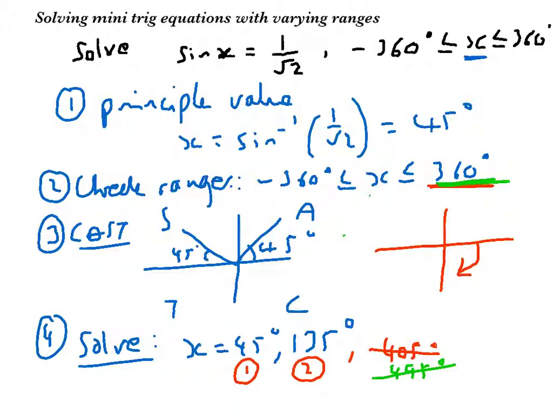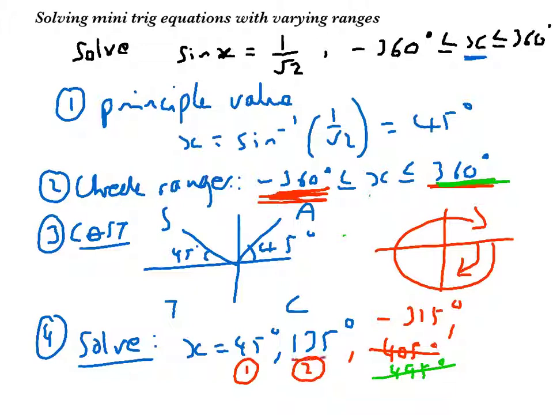So I could take my first solution and minus 360 from it. That would give me minus 315 degrees, which falls in my range. If I did it again, minus 315 minus 360 gives me minus 675, which is too low, so we disregard.